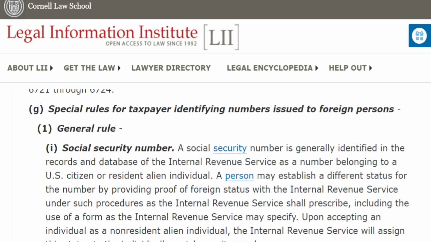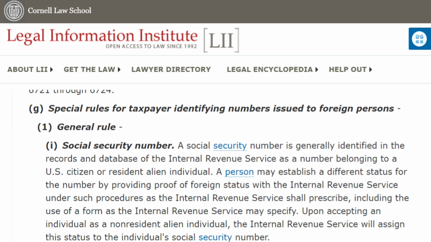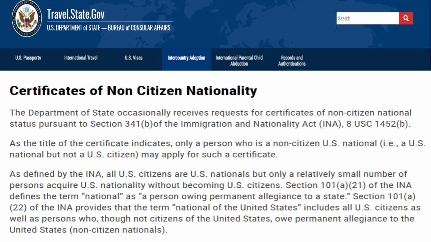A non-resident alien individual is an individual that hasn't established their lawful permanent residence and they are not domiciled in the jurisdiction thereof. This status was probably changed with the Department of State requesting a certificate of U.S. national status.